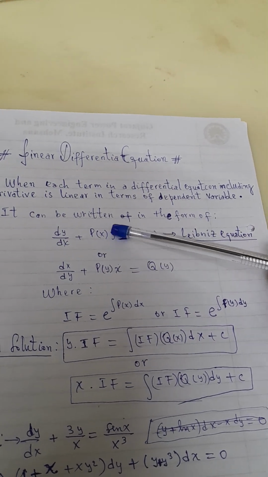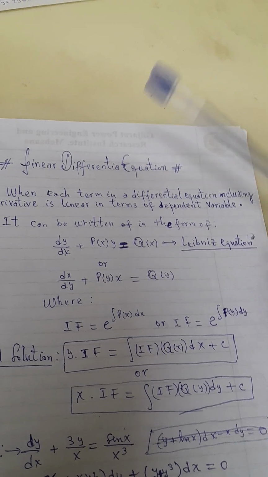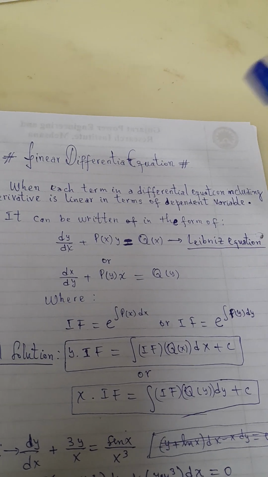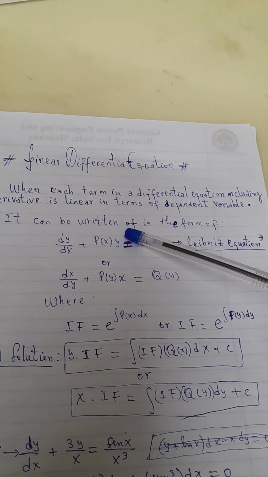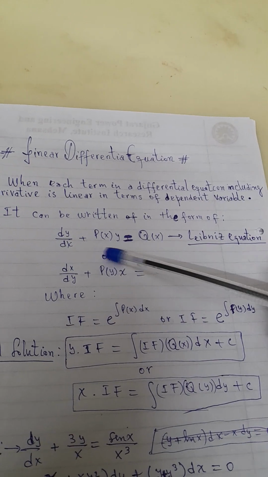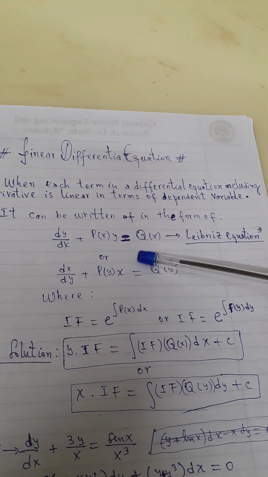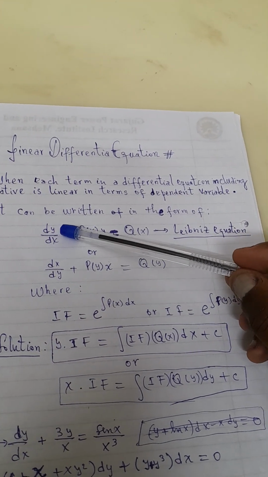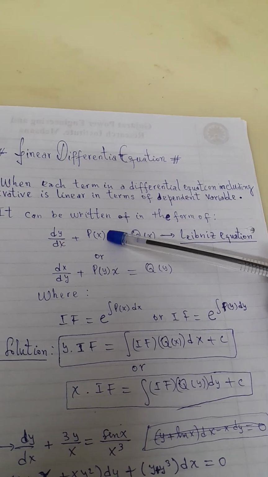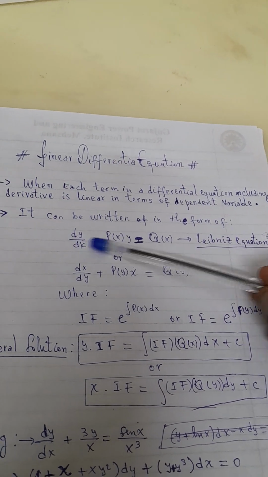And here we have this same y appearing only one time with degree 1. We can say that it is a linear differential equation because the derivative is linear and the dependent variable is also linear.